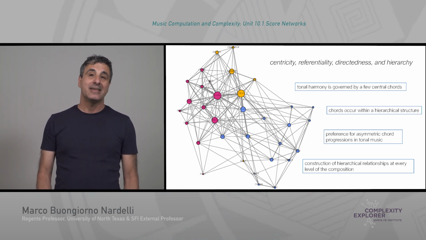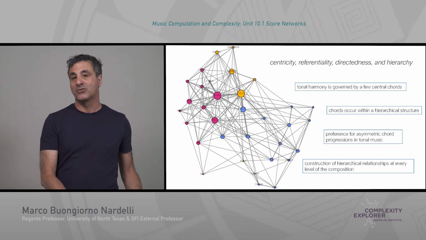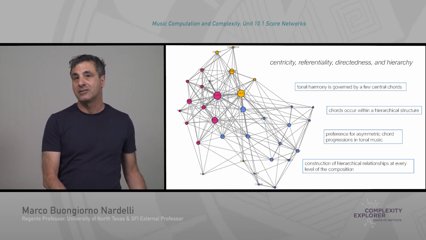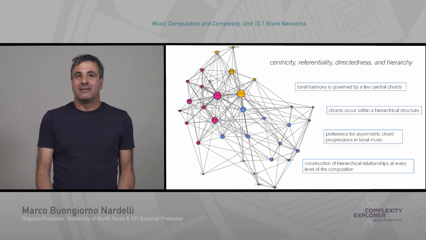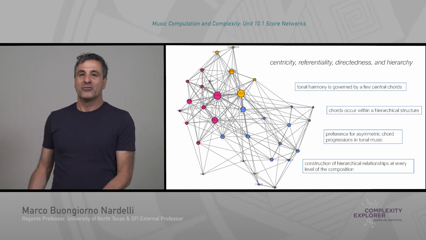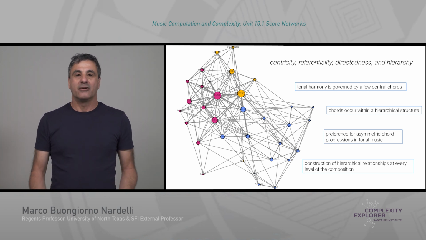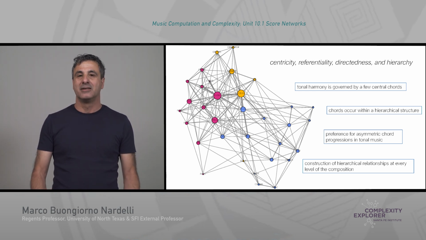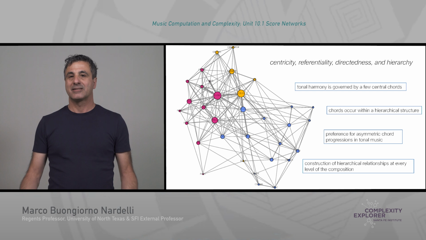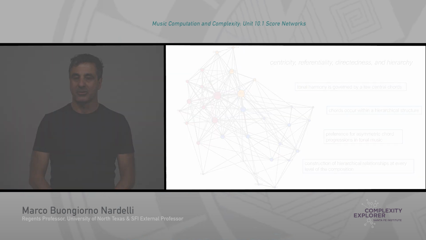So what we are seeing here is that by looking at the topology of our music network, the score network of a particular composition, we get, as an emergent property, the laws of tonal harmony, the ones that have been codified over centuries. Of course, they are different depending on the time period and the genre, but there are all these characteristics that become a kind of universal of tonal harmony.